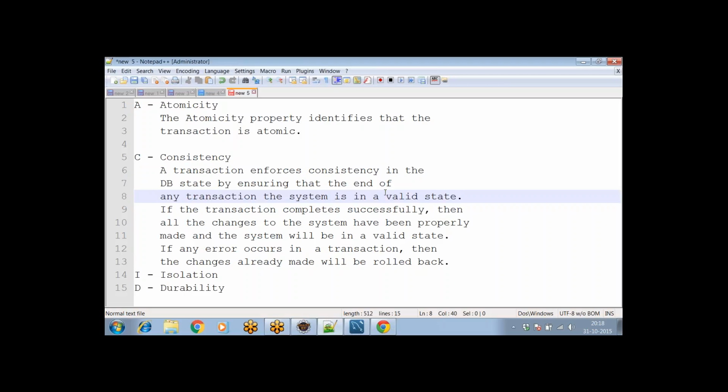During the transaction, even if it is not completed, it will make some changes, right? The changes which have been made, if there is any error, whatever changes have been made by this transaction should be rolled back.